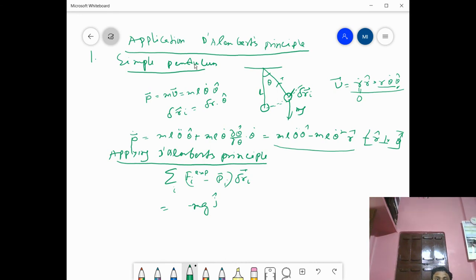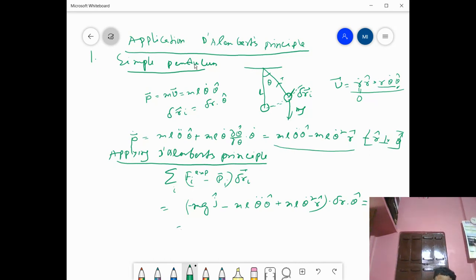Another force is there, the tension, but you don't have to consider T, because I consider only the external force. So minus p dot will be equal to ml theta double dot theta cap plus ml theta dot square r cap, dotted with delta r into theta cap, and that will be equal to 0.